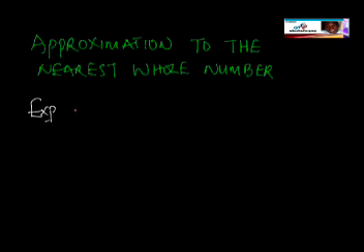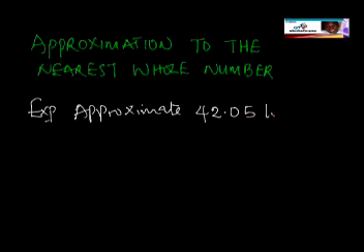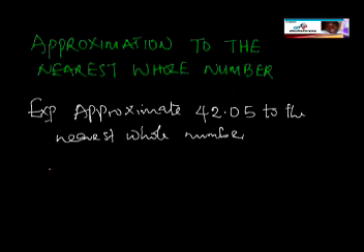If we're given an example, say approximate 42.05 to the nearest whole number. My solution here will be very easy. All you just need to do is to round off the number to a whole number, then forget about the decimal.